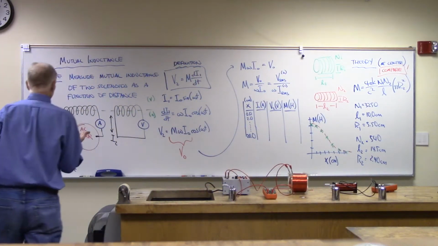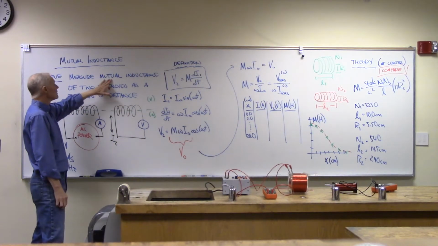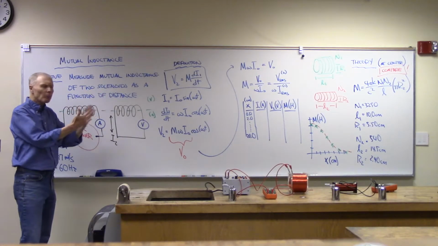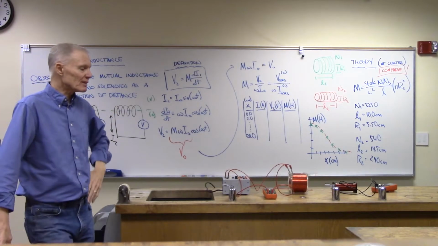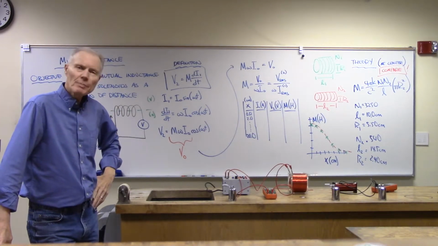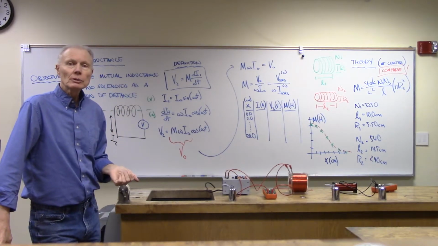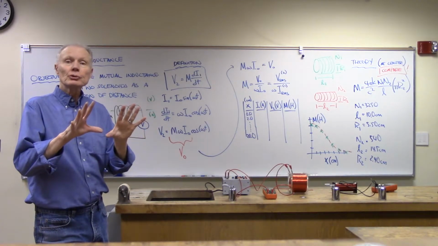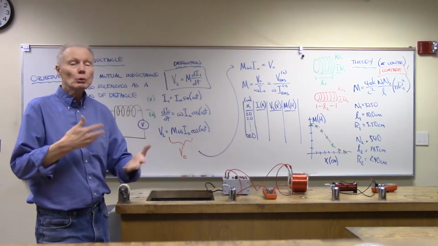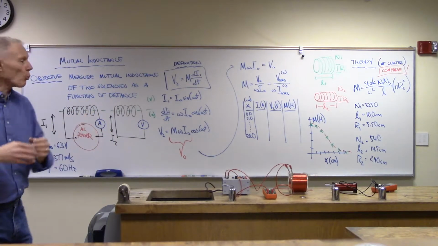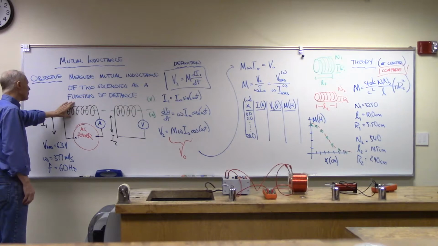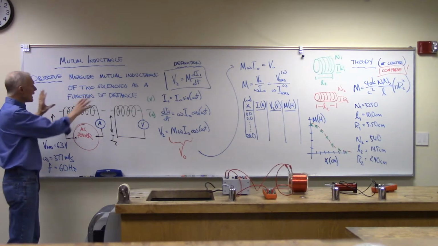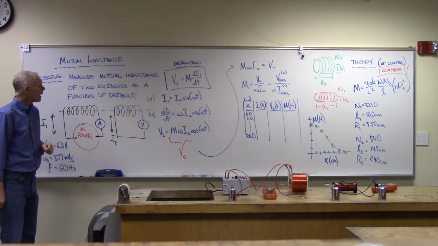Now, the amount of mutual inductance, the coupling that takes place between the two sides in a transformer, for example, depends on how many loops we've got. It depends on how close the two sets of wire are placed. So it's going to depend on the lengths, the number, the radii, and the proximity of those two.